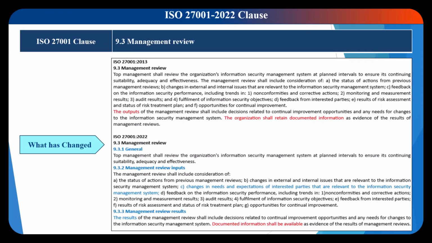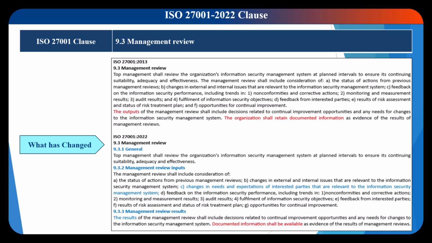The management review clause also has some significant changes that ought to be noted. Under this clause, new sections have been added to the standard: section 9.3.1, section 9.3.2, and section 9.3.3.